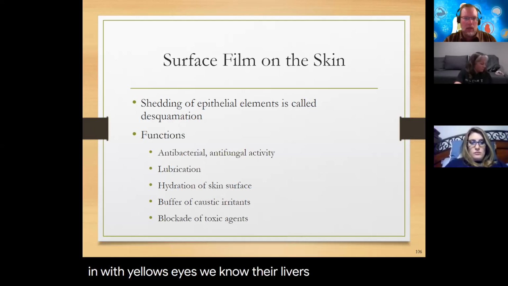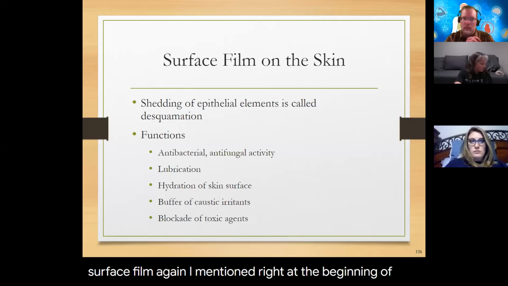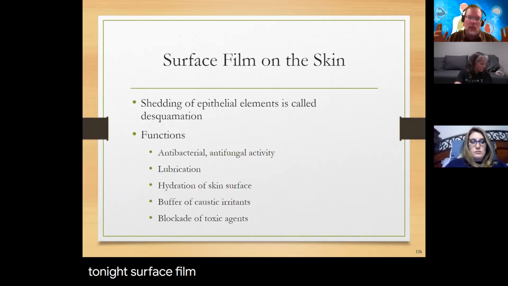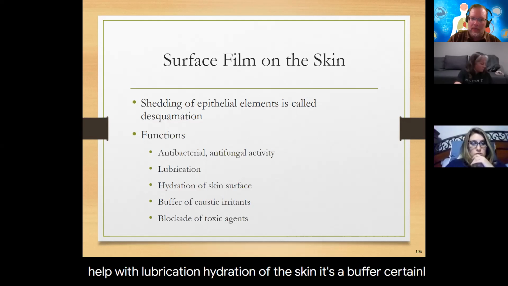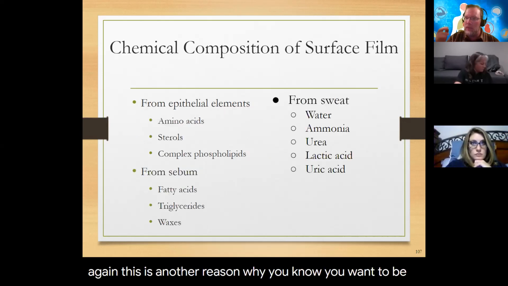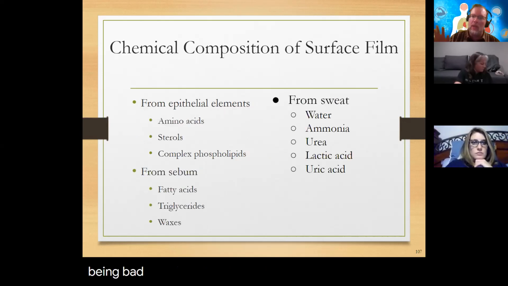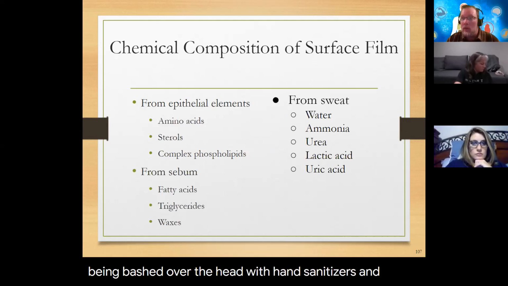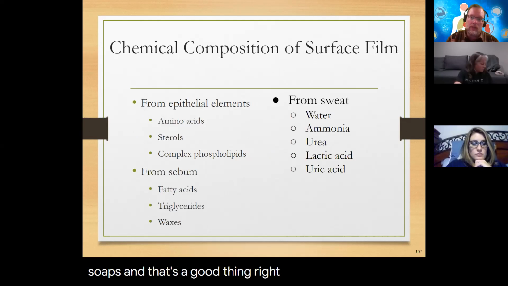Okay. Surface film, again, I mentioned right at the beginning of tonight, is going to be antibacterial. It's going to help with lubrication and hydration of the skin. It's a buffer, certainly, against irritants, and blocks caustic and toxic agents. Again, this is another reason why you want to be careful with the amount, especially now that we're constantly being bashed over the head with hand sanitizers and soaps. And that's a good thing, right? We do want to be sanitary, especially if we're around people and out and about.